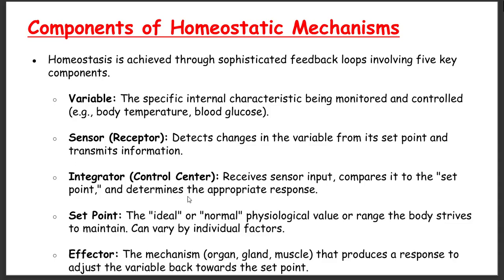So when the receptor detects information in the variable from a particular parameter, it will sense that it has fluctuated out of the acceptable range. It is going to send that information to the control center. And this control center is going to compare that information to the set point.